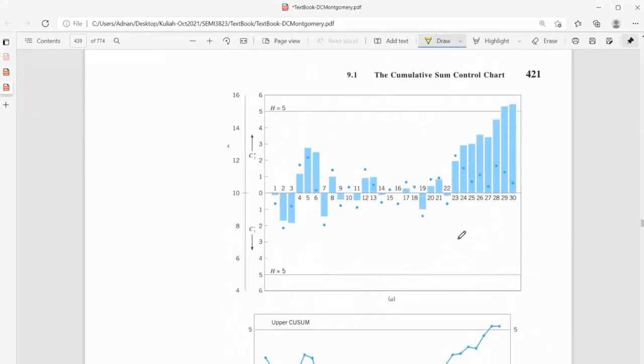We can see C plus and C minus, the C values up and down. H is like a control limit. We can set the H that we want to detect. The dotted line is actually the original values without Q sum. We cannot see the cumulative; the line just fluctuates.